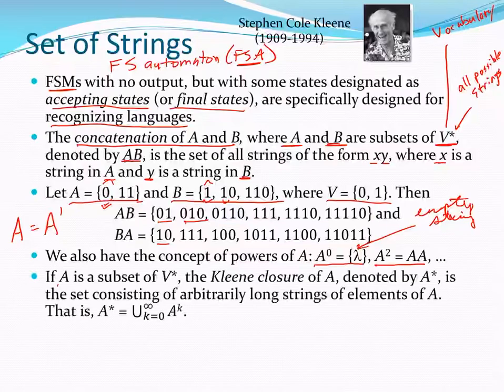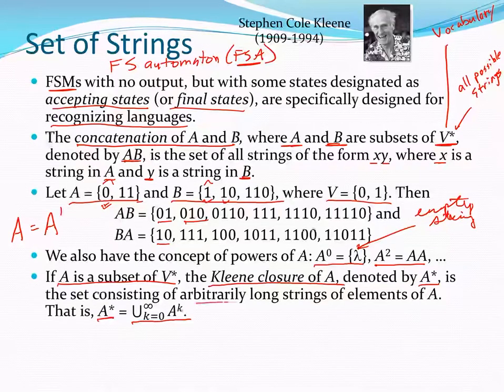All right, now we've already said that A is a subset of V star, so when that's true, we can identify something called a Kleene closure. That's the pronunciation, Kleene. It's denoted A star. And the way we create that is by taking the union of all powers of A and creating a set containing all of those.